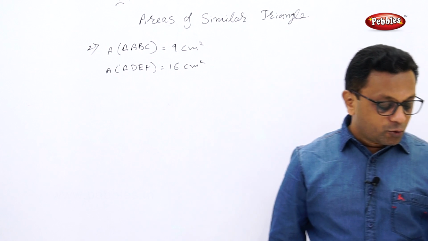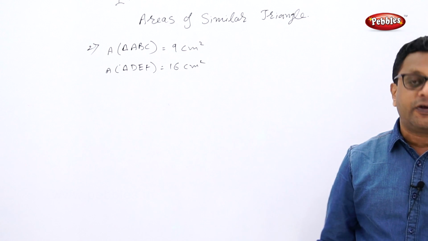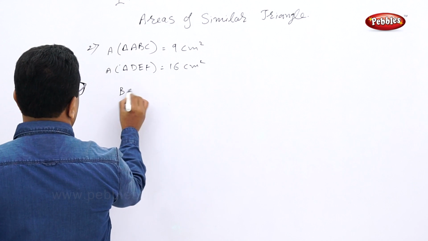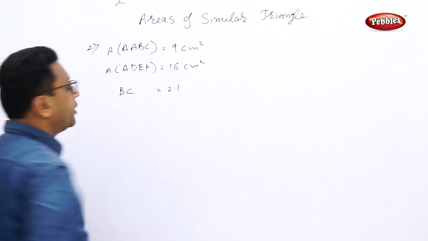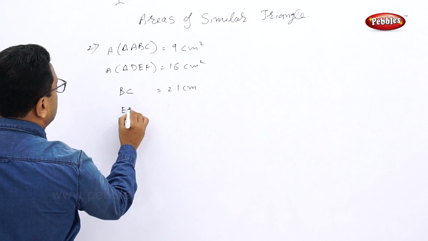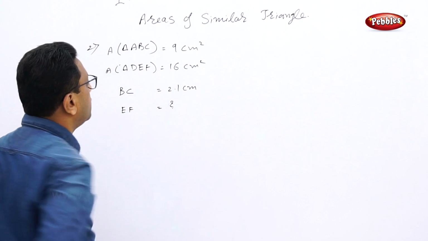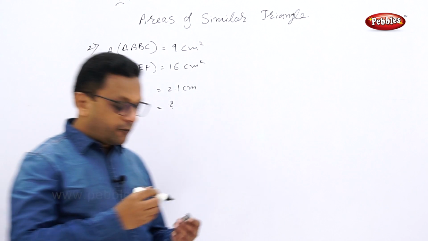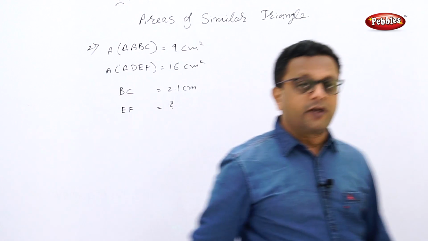If BC is 2.1 centimeter, find the length of EF. If BC is 2.1 centimeter, then find EF. Extremely simple example. First, draw the figure, even if it is not required.